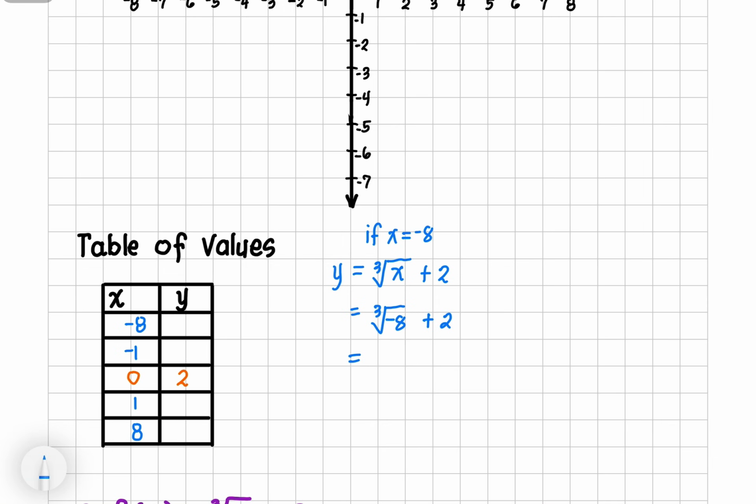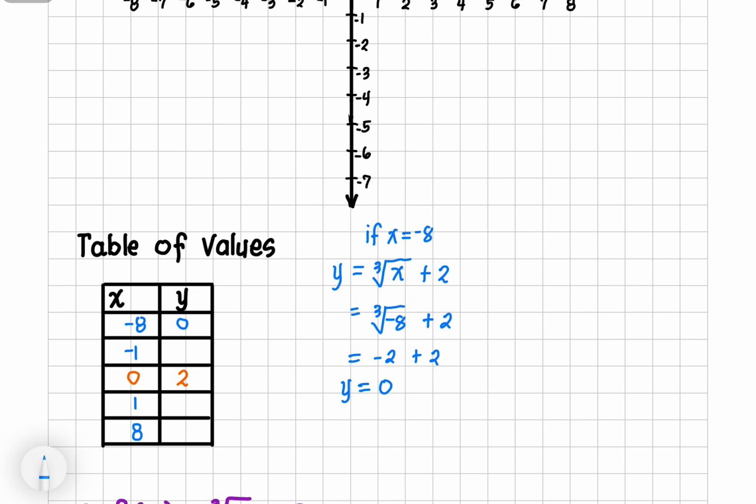So that is negative 2, since 8 is a perfect cube, so this becomes negative 2, right? Okay. Because negative 2 times negative 2 is positive 4, times negative 2, which gives us negative 8. So, plus 2. So, your y value here is 0. Understood? Okay, that's 0.